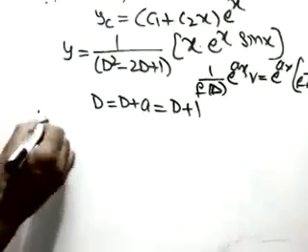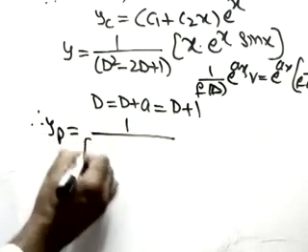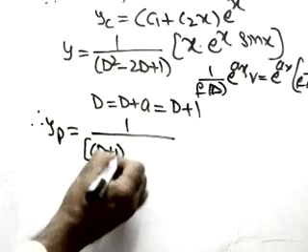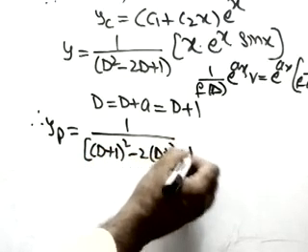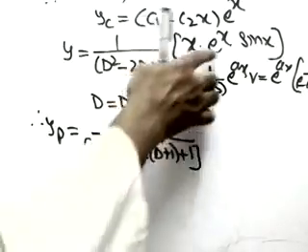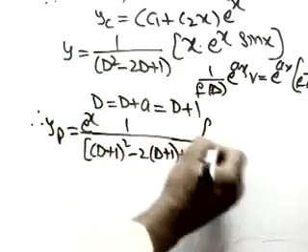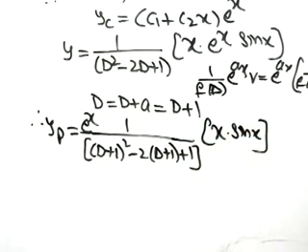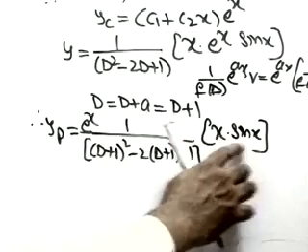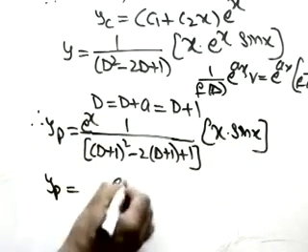Therefore particular integral yp equals 1 divided by, in place of D we have to write (D plus 1) whole square minus 2 into (D plus 1) plus 1. Now see here, e is taken out. Now what is left here is x into sin x. Let me take this out offset side. First we solve this one.